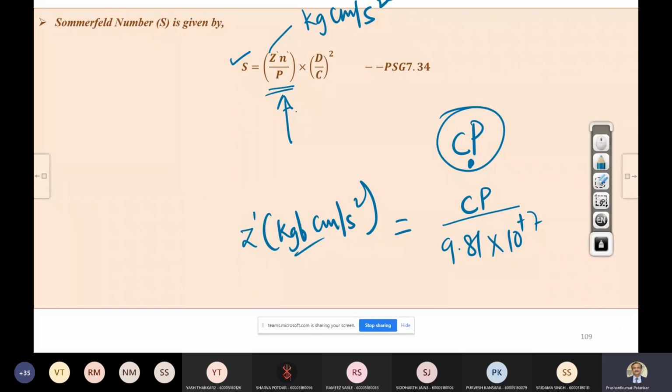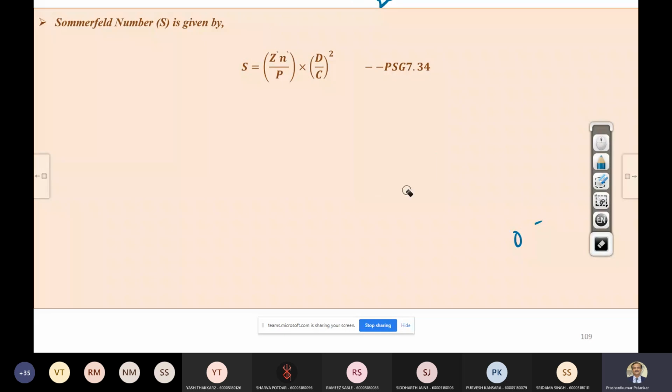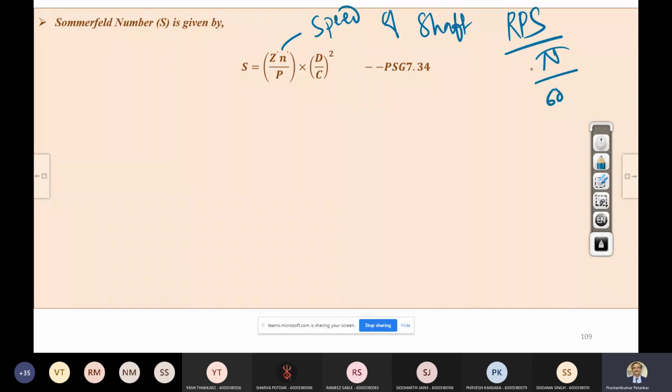Now here the notation small n dash is used. What is that n dash? It is the speed of your shaft, the speed of your journal, in revolutions per second. So whatever RPM is given to you has to be divided by 60, and that number you enter over here.